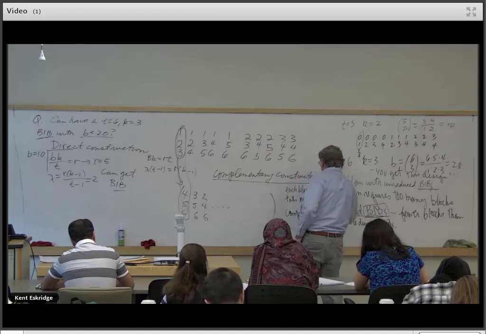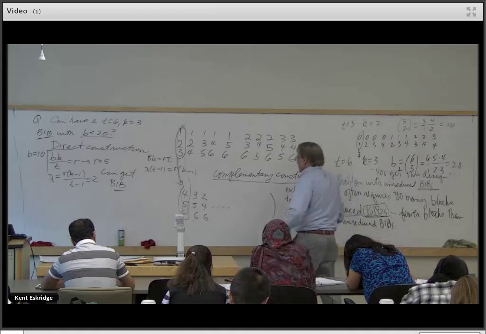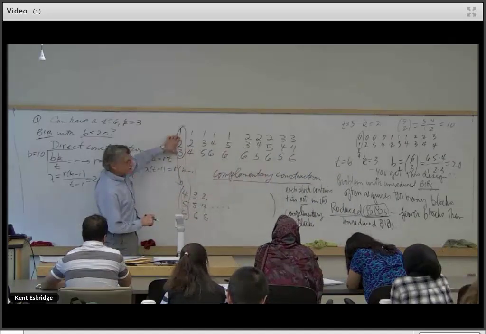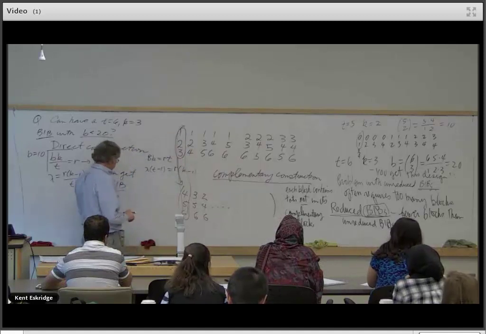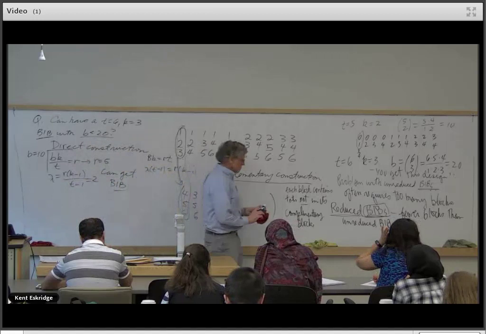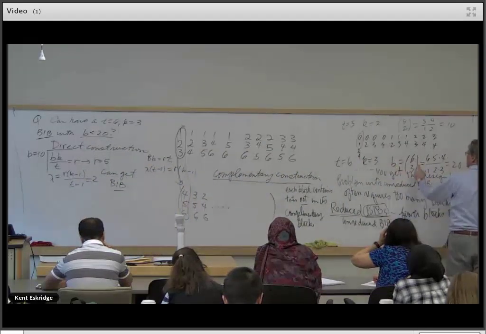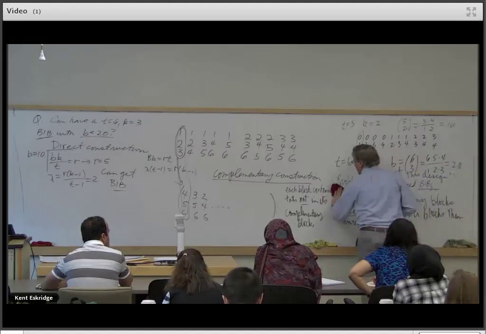This block here contains the treatments that are not in its complement. It's exactly the opposite. So that's easy. Once you have a design, all of a sudden you got all these others.